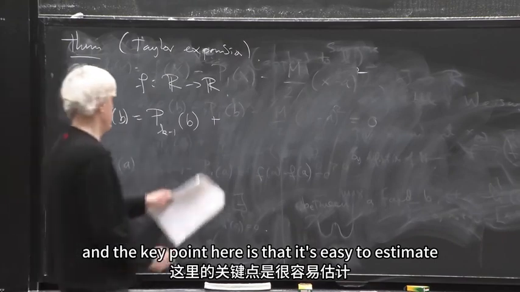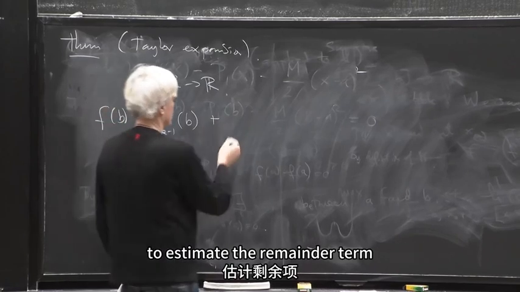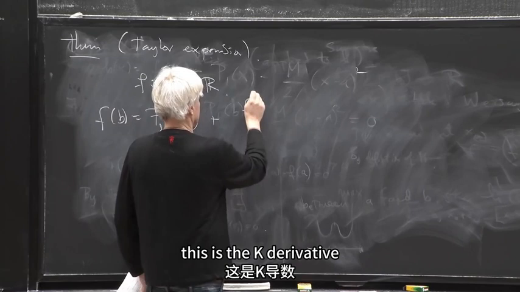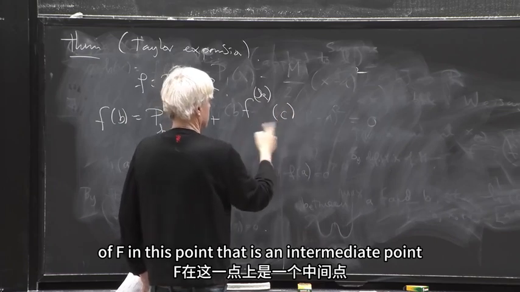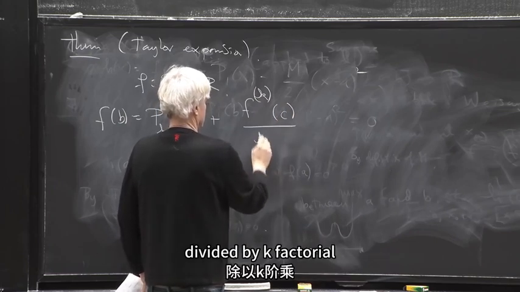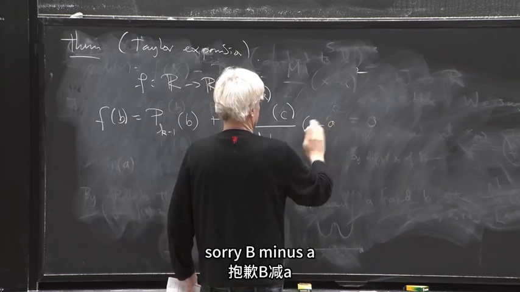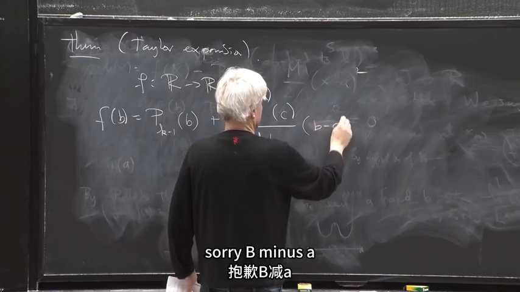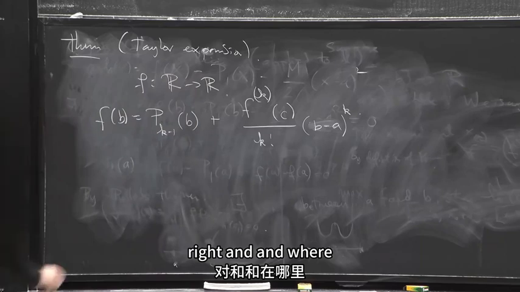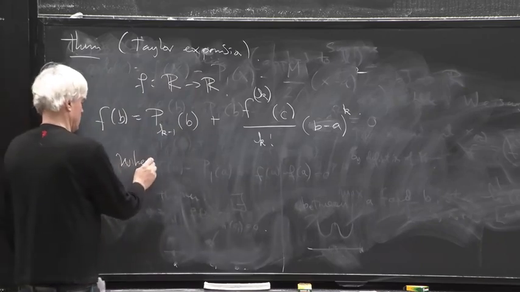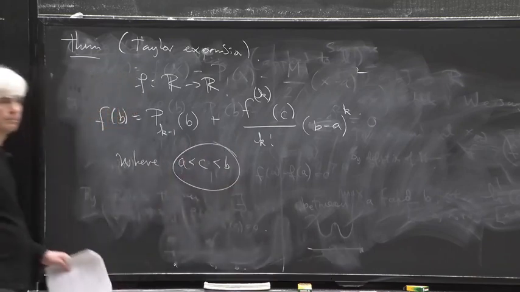And the key point here is that it's easy to estimate the remainder term because there's an expression for it. This is the k-th derivative of f at an intermediate point c, divided by k factorial, times b minus a to the power k, where c here is lying between a and b. Okay.